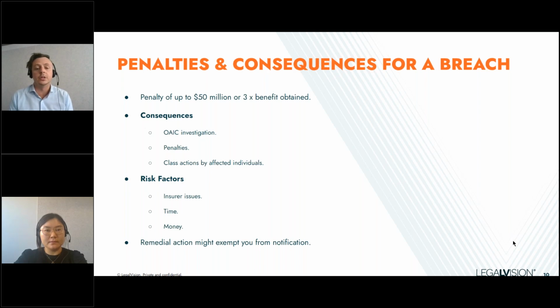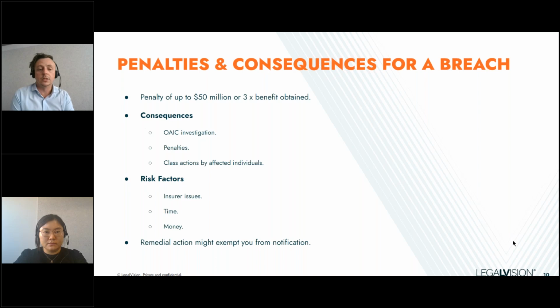But after a series of major incidents, in November 2022, the penalty was increased to a fine of up to $50 million for serious or repeated breaches, or 3 times the value of any benefit obtained through the misuse of information, or 30% of the company's adjusted turnover in the relevant period, whichever is the greatest amount.